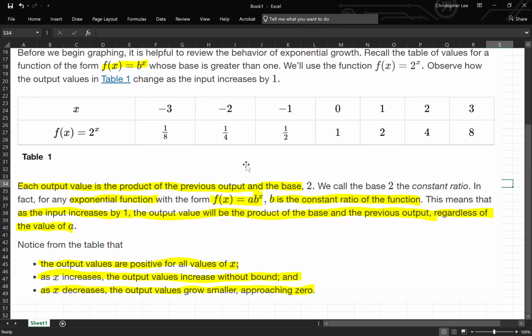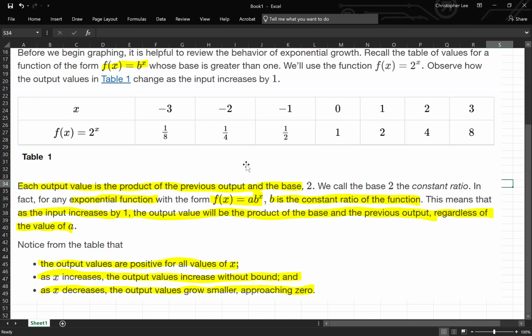So we call the base 2 the constant ratio. In fact, for any exponential function of the form f of x is equal to a times b to the x power, where b is the constant ratio of the function, this means that as the input increases by 1, the output value will be the product of the base and the previous output, regardless of the value of a.